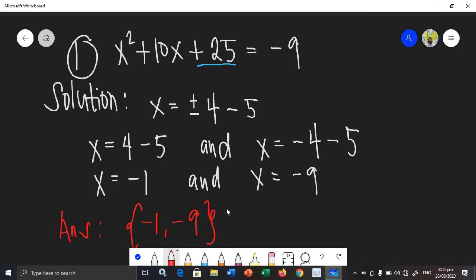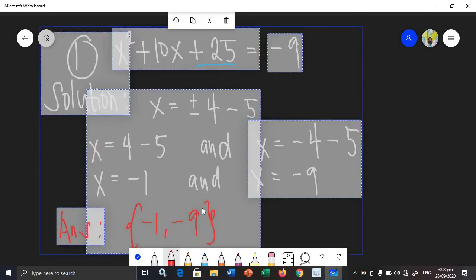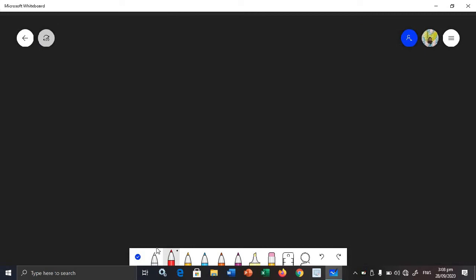That is your solution set. Okay? So, how about another example? So, let's say we have x squared minus 8x is equal to 0.